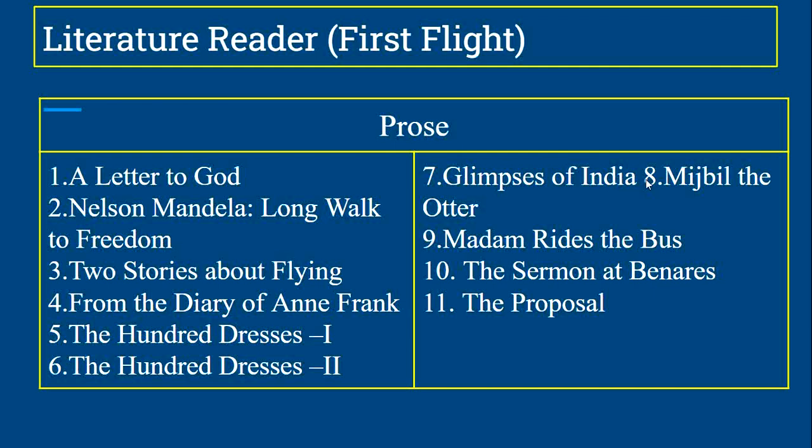Number 8 is Mijbil the Otter. Number 9, Madam Rides the Bus. 10th, The Sermon at Benares. And the last one is The Proposal. So all these prose pieces you have to read for your class 10 English syllabus.